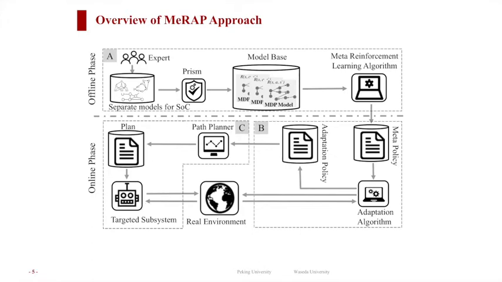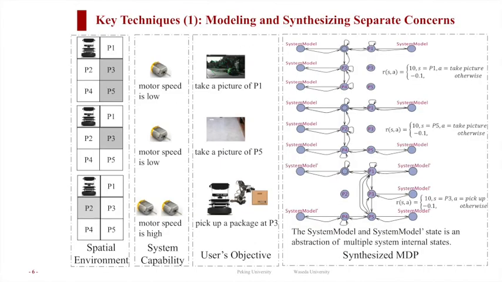In this phase, the targeted system takes action based on the adaptation policy generated in the online adaptation phase, so as to complete the task of meeting the objective in the actual environment. By following the principle of separation of concerns, we distinguish three aspects that are related to the adaptation policy. That is the spatial environment, the system capability, and the user's objectives.